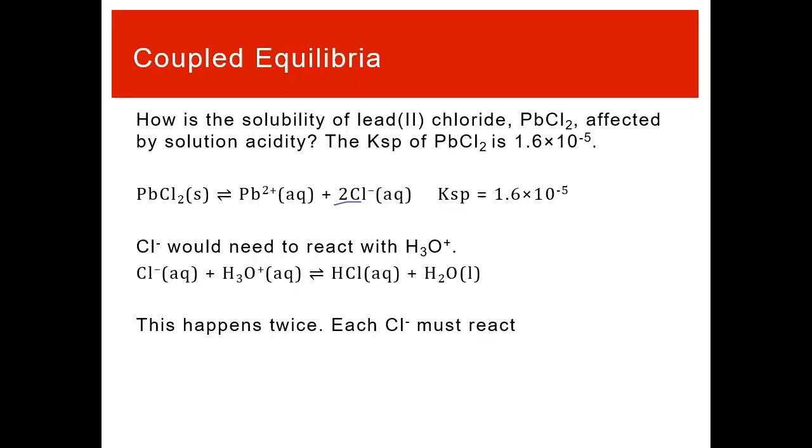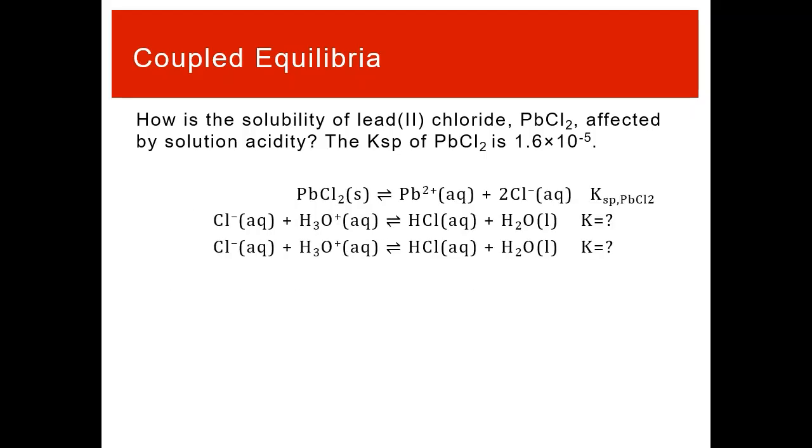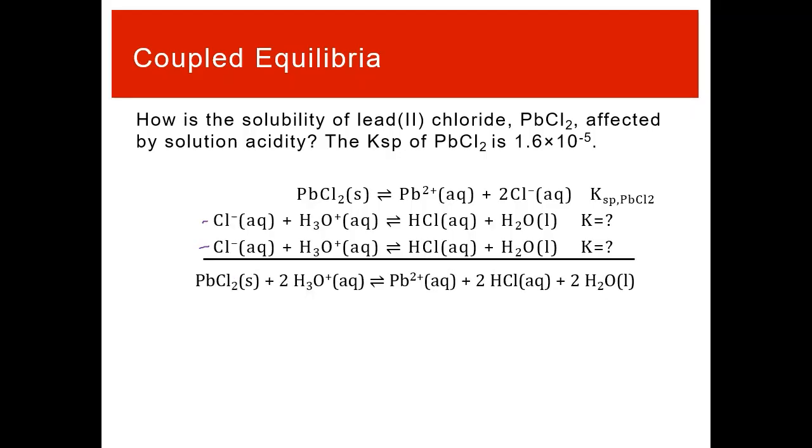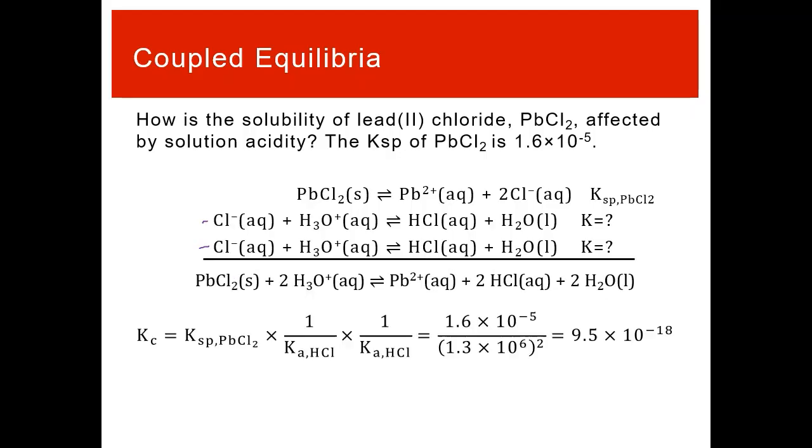All right, same idea as what we saw with PbF2. So my set of equations is going to be the PbCl2 dissolving into Pb2+ and 2 chlorides, and then the 2 chlorides reacting with H3O+ to get our overall reaction, determine the Kc for that, and once again, it's going to be the solubility product divided by the acid dissociation constants of HCl.